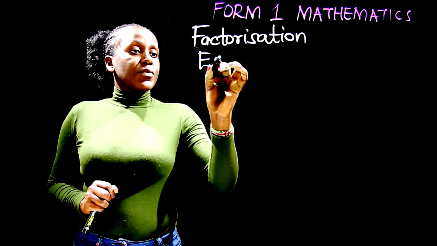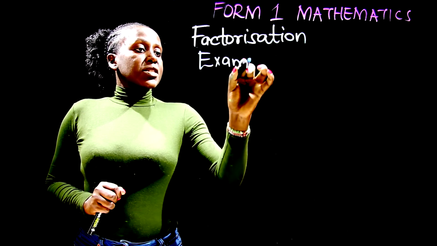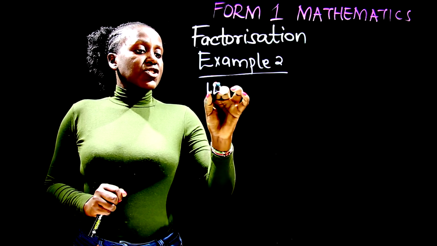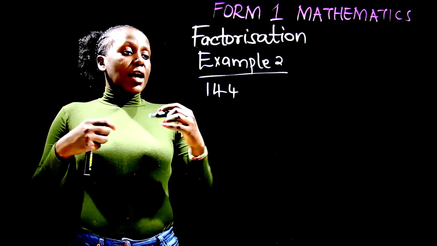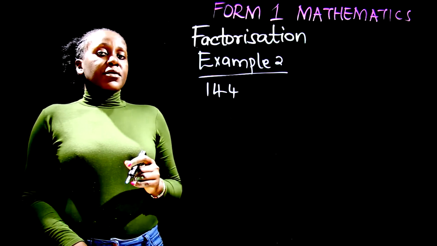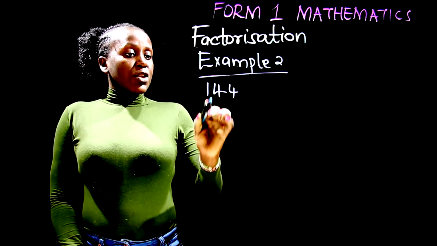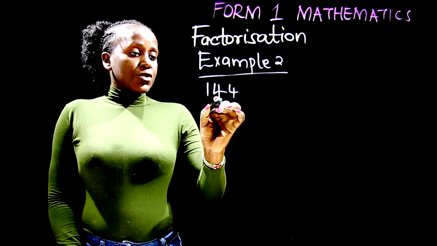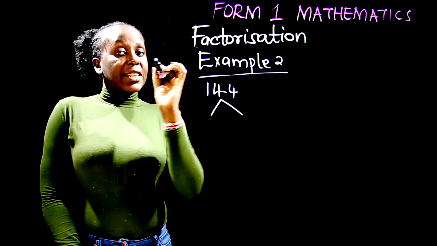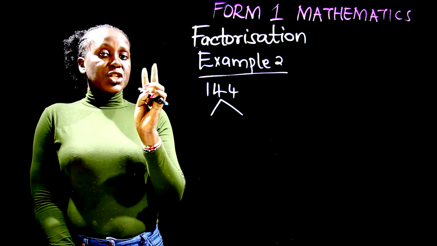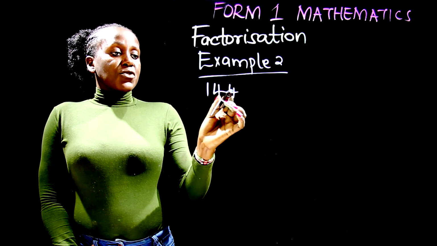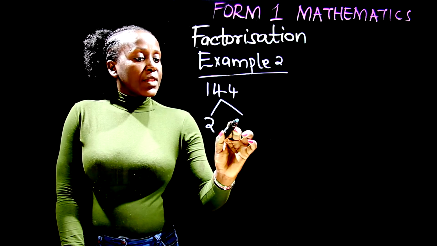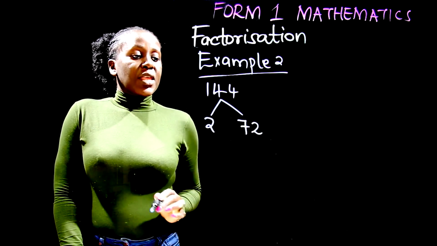Example 2. In this example, we are going to express 144 as a product of its prime factors. So we develop a factor tree. We divide by the least prime number, which is 2. So 144 divided by 2 will be equal to 72.